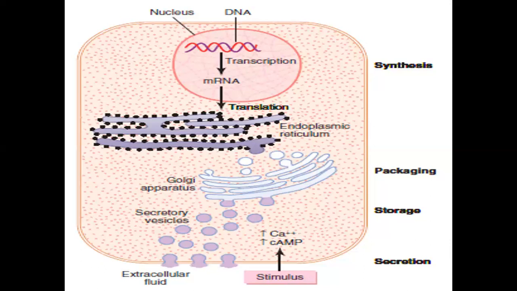Now, with a stimulatory signal, with a stimulus, what happens is that these secretory vesicles travel into the cytoplasm and eventually bind to the cell membrane, secreting the contents of the vesicles via exocytosis into the extracellular fluid.